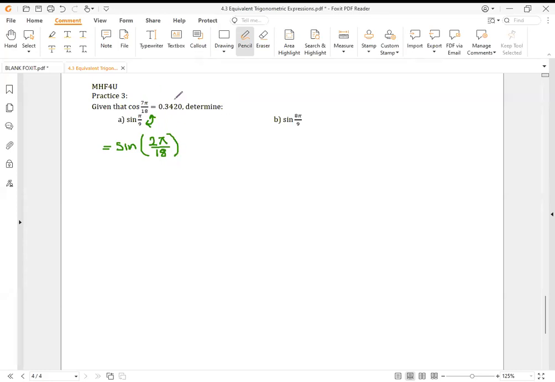Sine 7 pi over 18, 2 pi over 18. Think about it. If I wanted to convert that into a cosine, pi over 2 minus pi over 18.